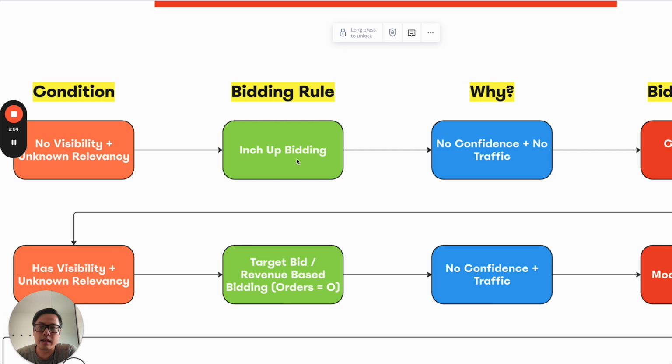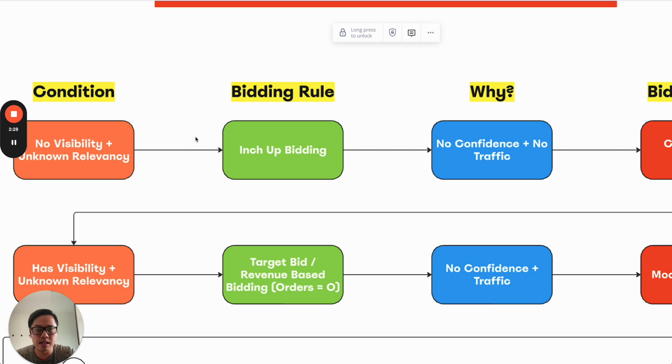It might take a little bit longer, and the reason why I want to do this is because I have no confidence in this target at all. So I wouldn't want to spend $1.50 times 10 clicks, as opposed to paying 50 cents times 10 clicks. There's a significant difference in cost between those two.